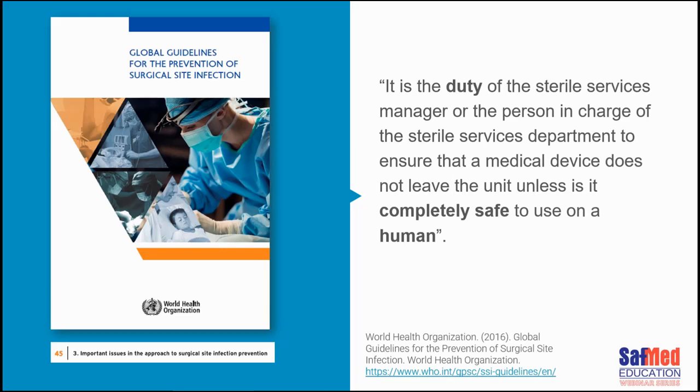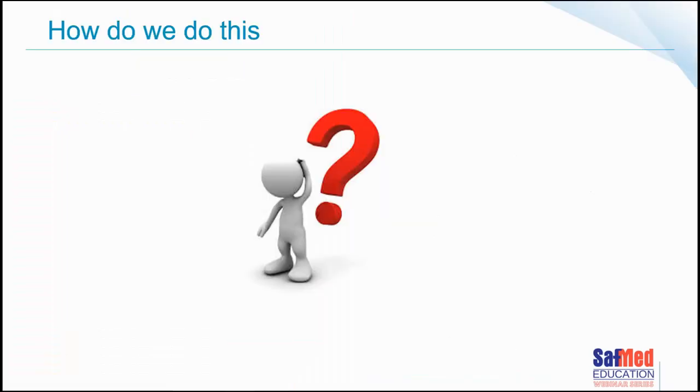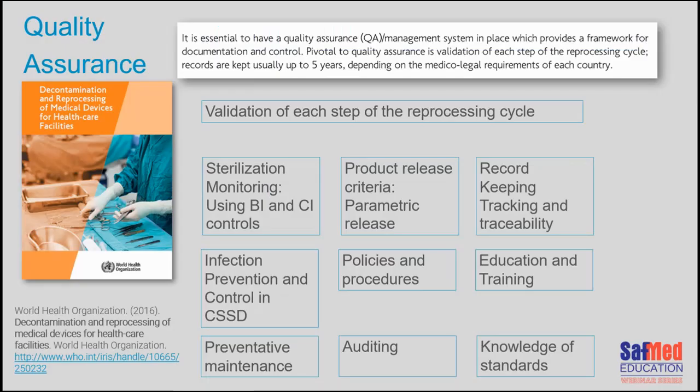And if it's a critical device, as we've already said, it needs to be sterilized to the correct sterility assurance level. This is our job, this is our responsibility. But how do we do this? It's not a simple matter of just doing a Bowie-Dick test. It's not a simple matter of just doing a biological indicator or looking at the chemical indicator or the process indicator tape. It's way more than that.